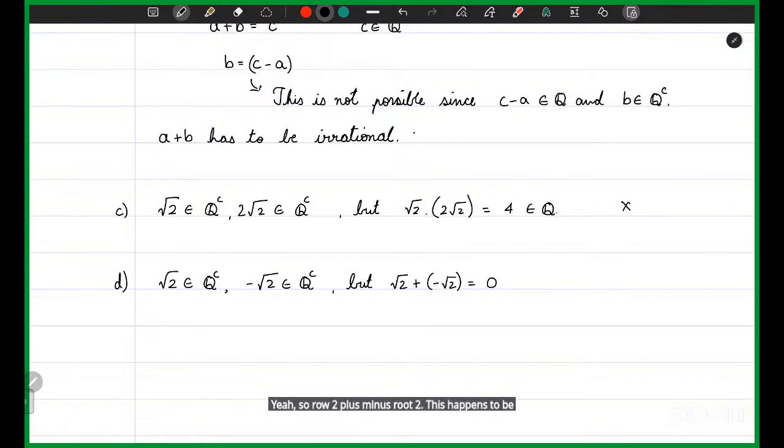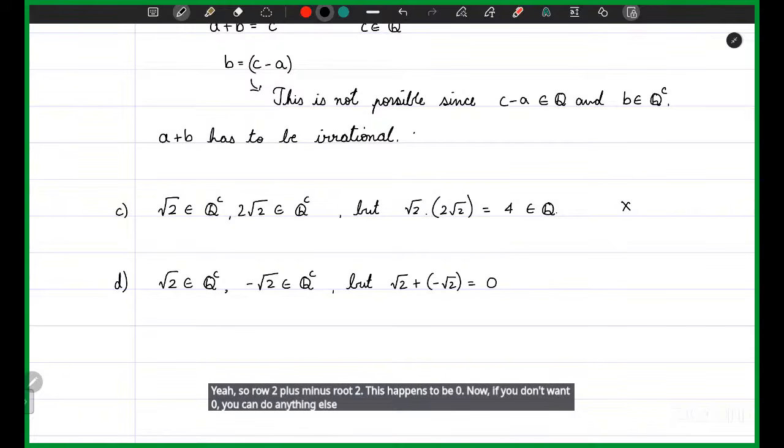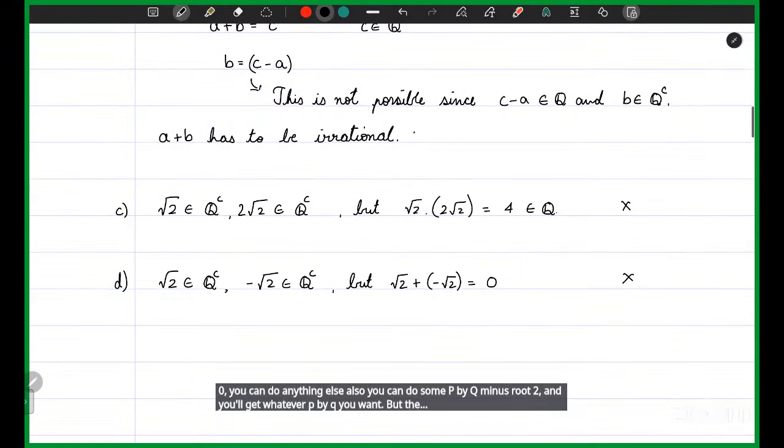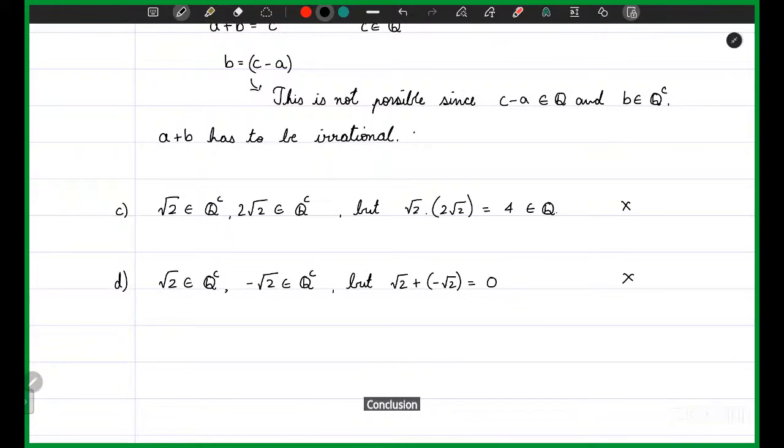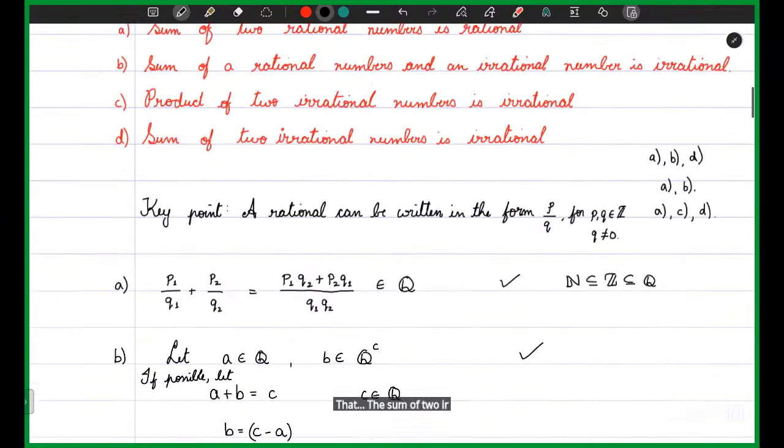Now, if you don't want 0, you can do some p by q minus root 2 and you'll get whatever p by q you want. The conclusion is that in general, it is not true that the sum of two irrational numbers is irrational.